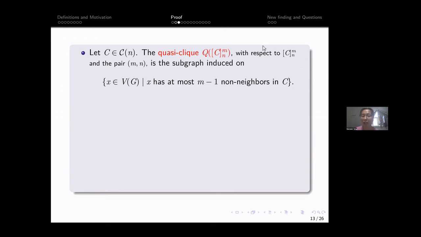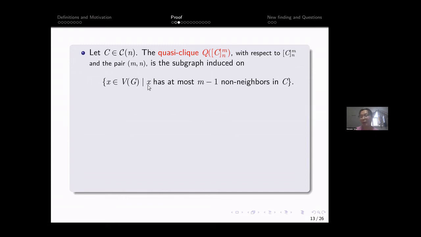It also can be checked that this definition is well defined. It is not dependent on the choice of C. It means that if you find another clique in the same equivalence class of C, the definition of the crazy clique is the same.